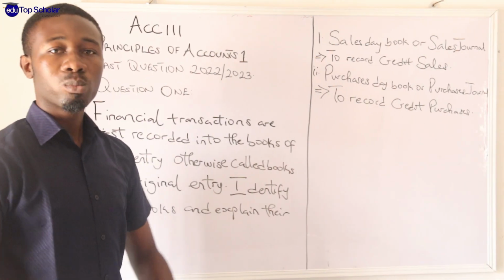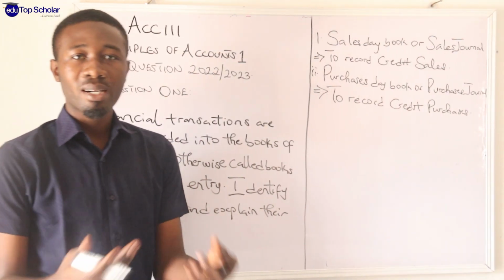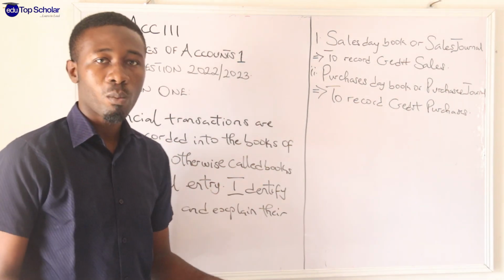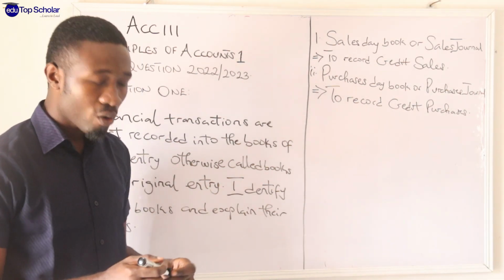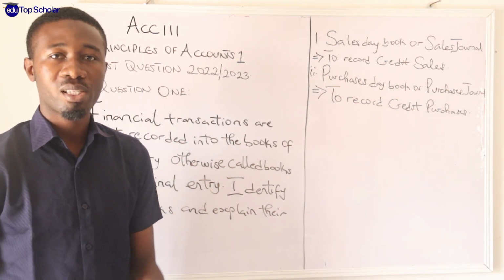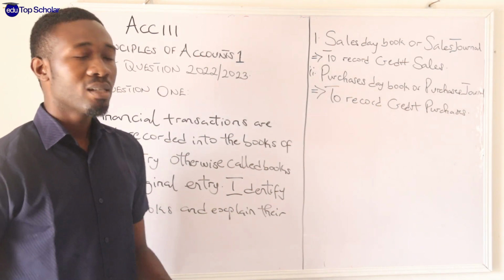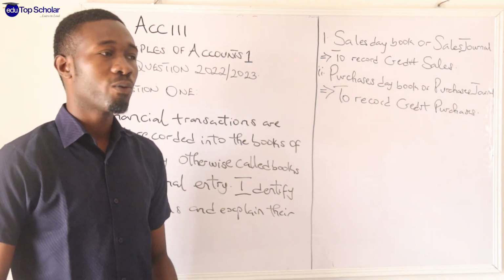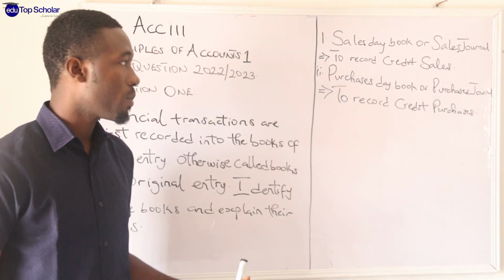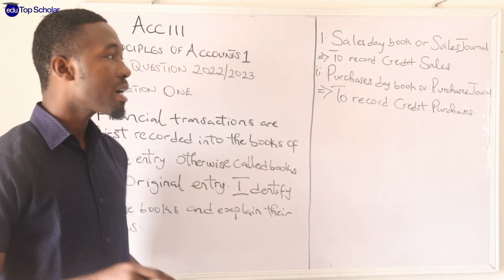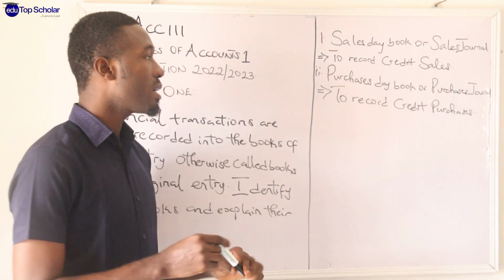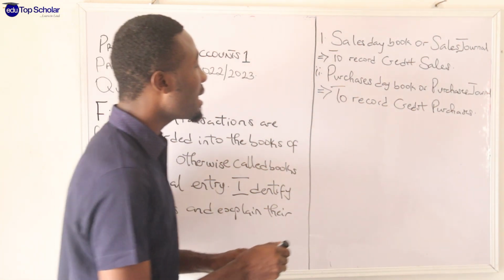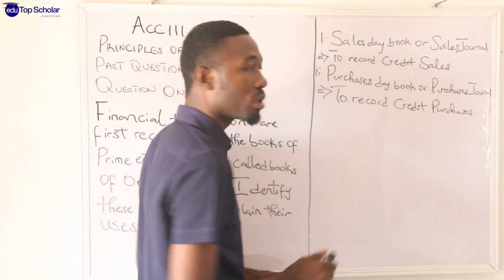Credit purchases are goods you bought on credit from a supplier. For instance, we sell books, or say we sell calculators, and we bought goods on credit from one of our suppliers. Such transactions will not be recorded in any other book. It will first be recorded in our purchases day book.